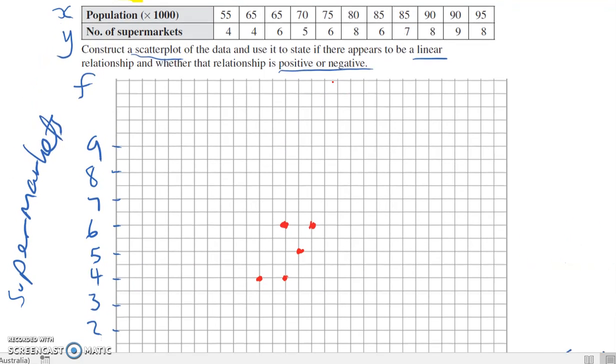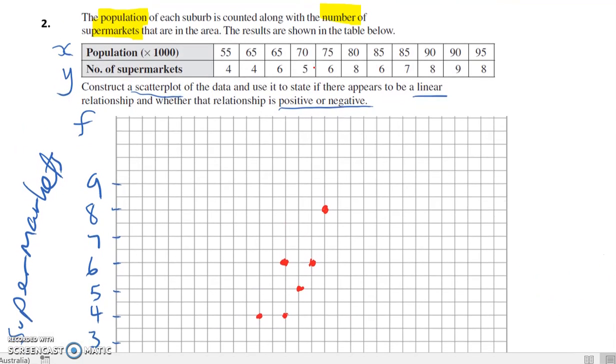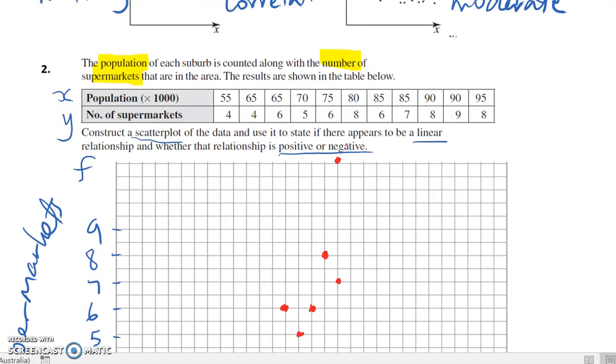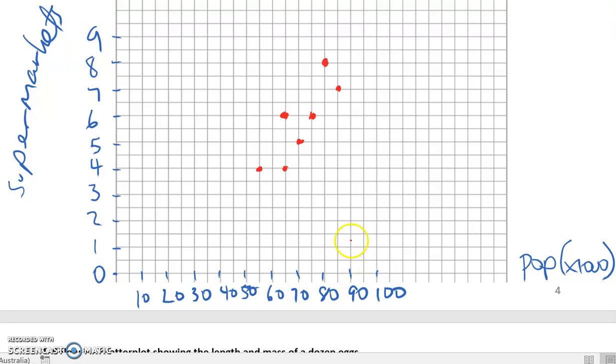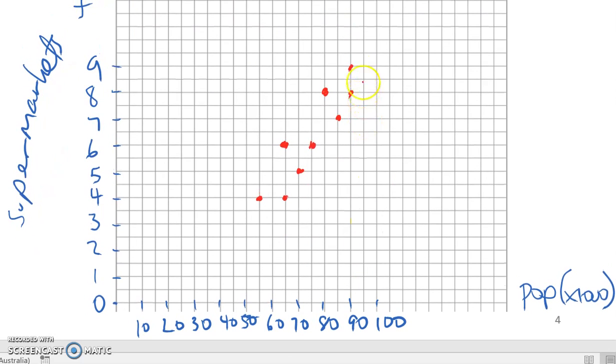Okay, at 80, I'm at 8. At 85, I'm at 6 and 7. At 90, I'm at 8 and 9. And then at 95, I'm at 8.